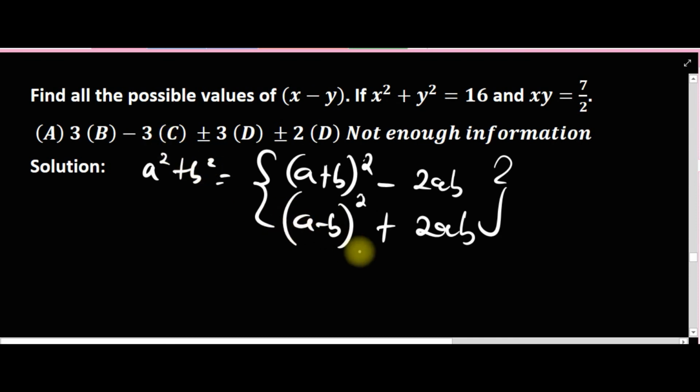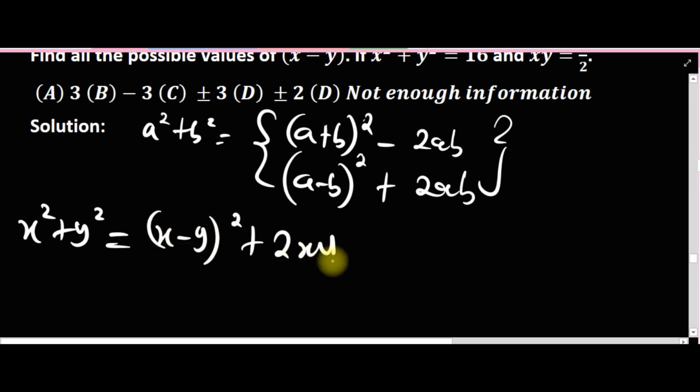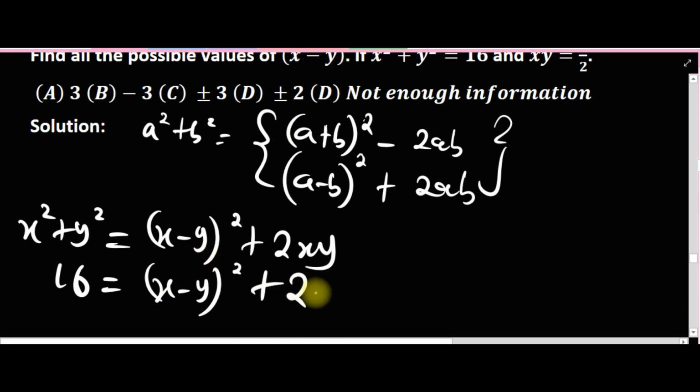So we now have x squared plus y squared is equal to x minus y all squared plus 2xy. Our a is x. I'm using this with this, not the first one. So we have 16 equals x minus y squared plus 2xy, which is 7.